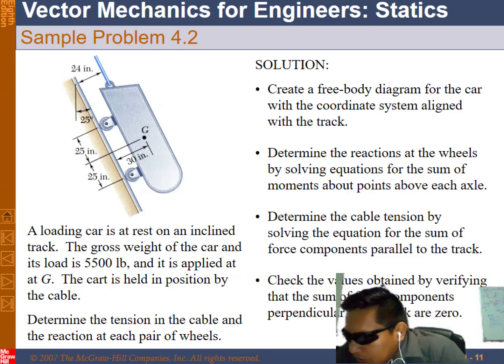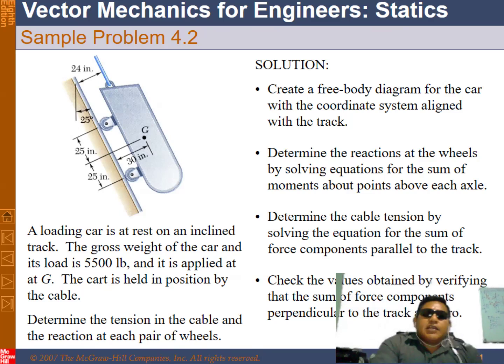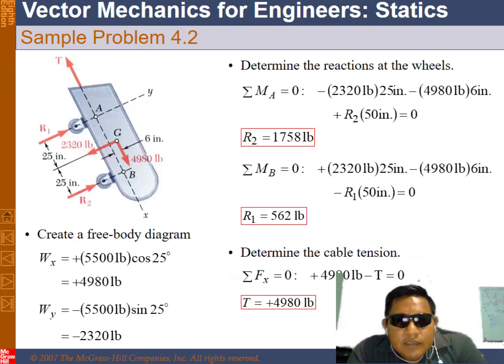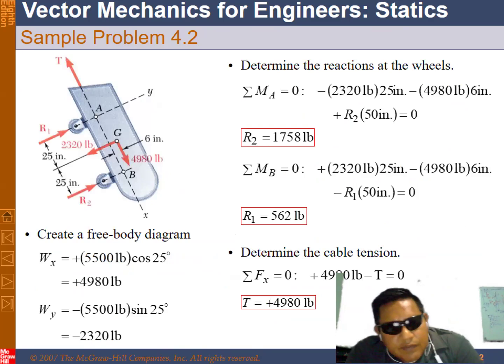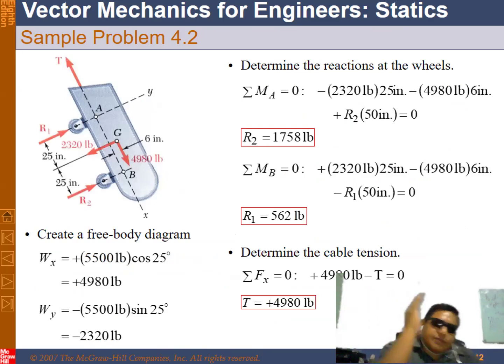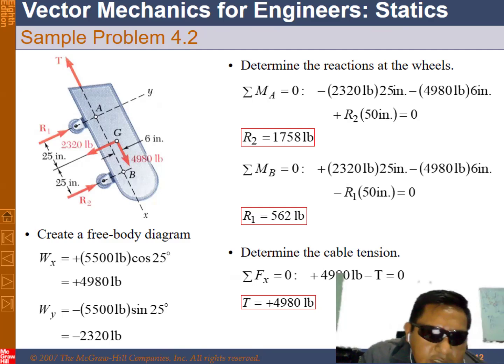The solution is the summatory of force in X, summatory of force in Y, summatory of moment X and summatory of moment Y, and the free body diagram is step by step. Next, this is the free body diagram.